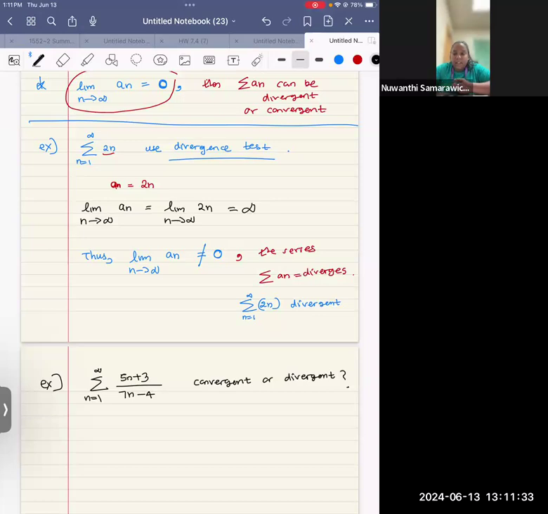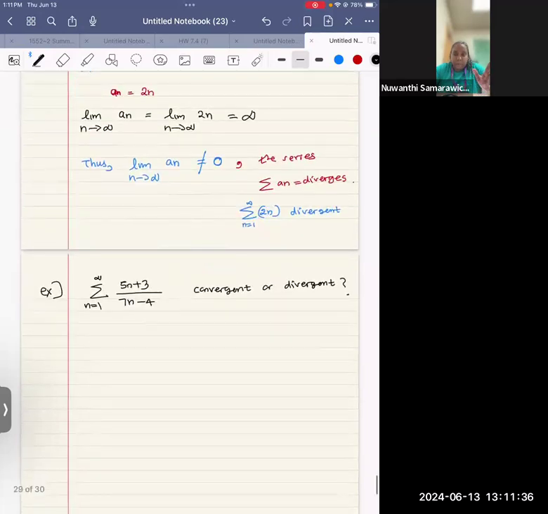What is the first step? 5/7. Yes, Emma, it converges. I see some of you again made some mistakes. Okay, how to do this one?